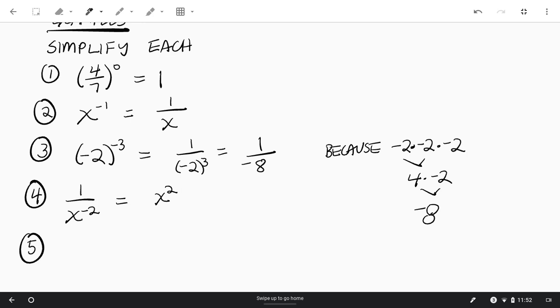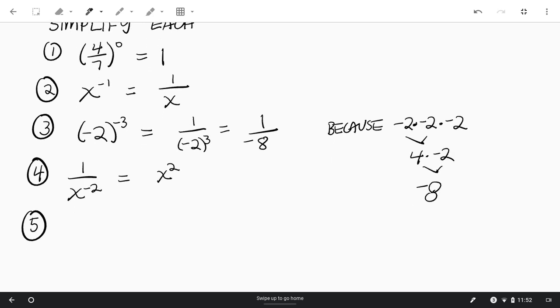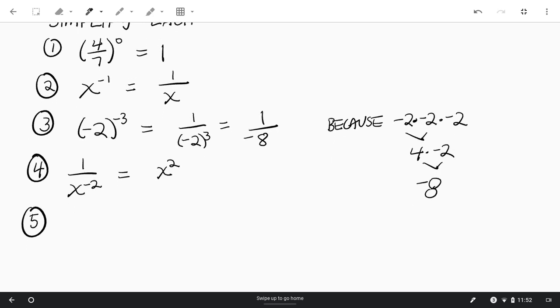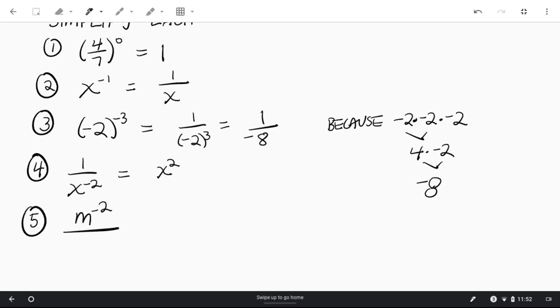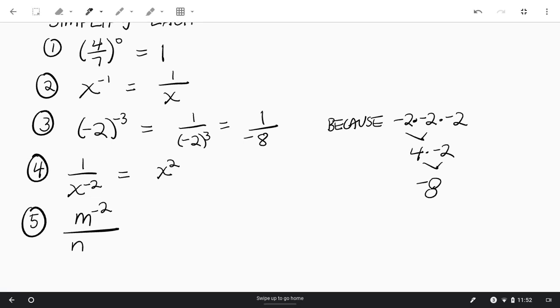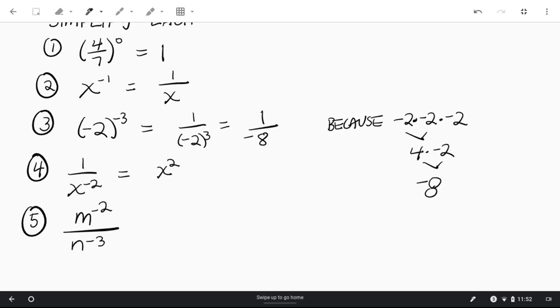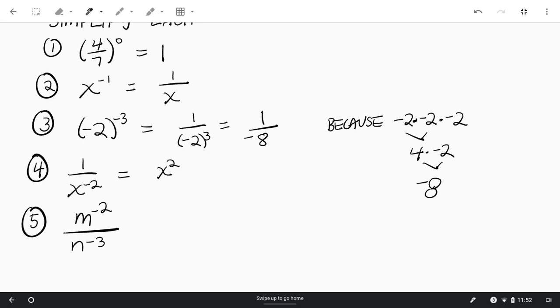And so let's take a look at some of these. So if I have m to the negative 2 on top, and suppose that I have n to the negative 3 on the bottom. Okay, so since they both have a negative exponent, then they are both going to move. We're going to take the reciprocal of each one.